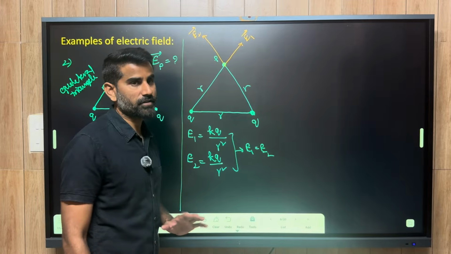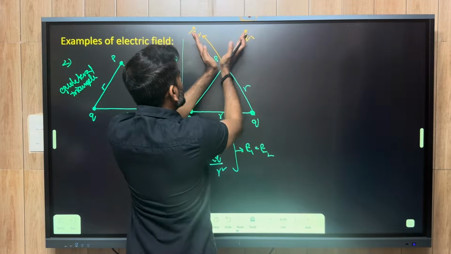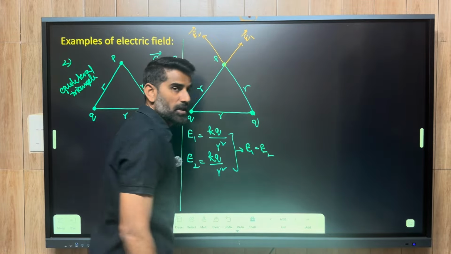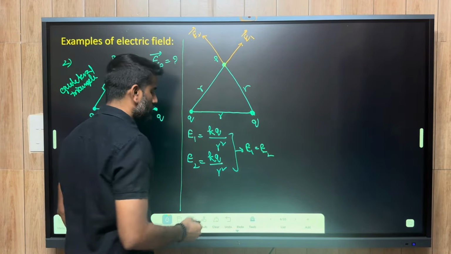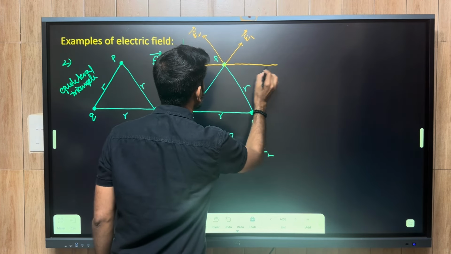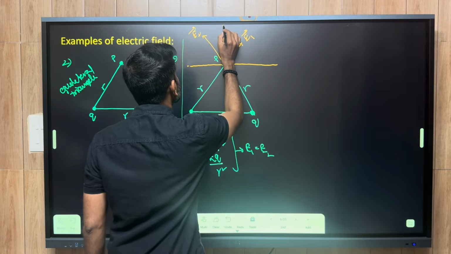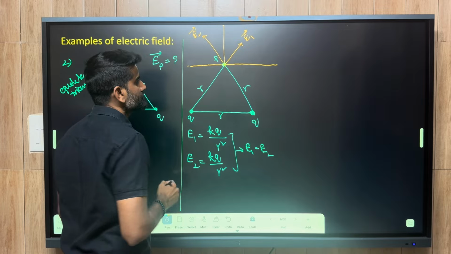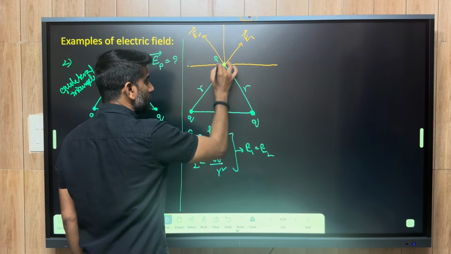Now coming to the directions, they are different, as we can already identify here. Both of them are moving in different directions. Now what I am going to do is resolve these vectors into x and y axis.